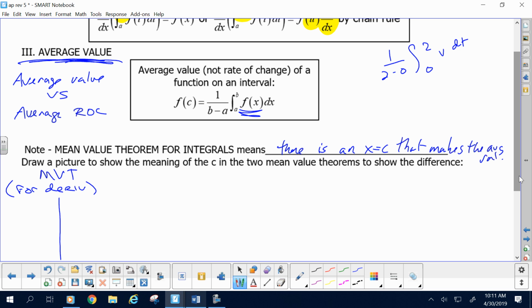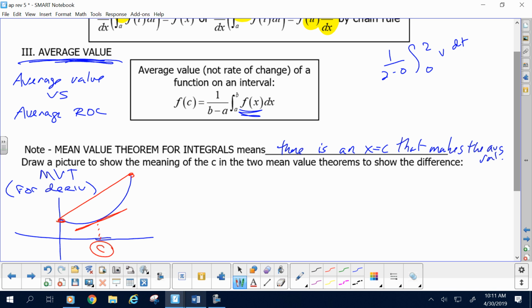That's the idea that if I have a curve like this, then there is an average rate of change, and there's got to be a place where the instantaneous rate of change is the same. And when they say find the c guaranteed by the mean value theorem, you're saying at what x value is that tangent slope the same?